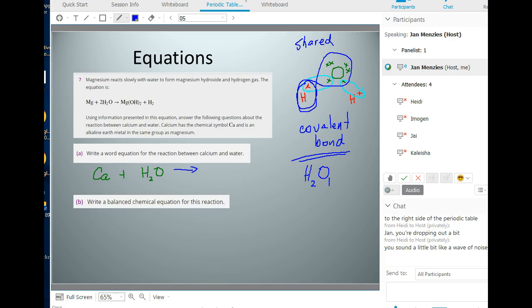and we know that it forms calcium hydroxide. Now, at this stage, you don't really have the knowledge. The hydroxide ion is a complicated ion that has a negative charge overall. So oxygen and hydrogen have a covalent bond and it's pulled in an electron from somewhere else.